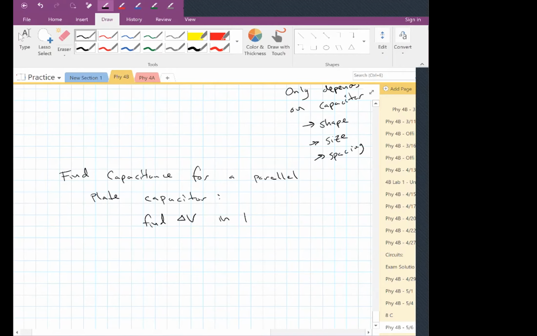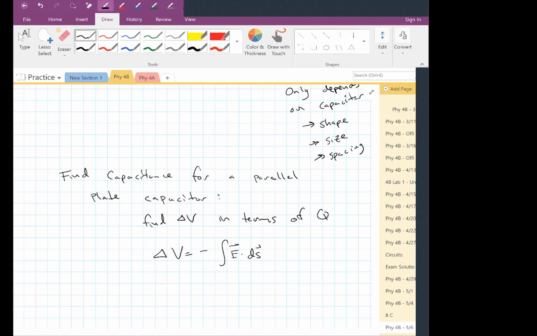So we want to find delta V in terms of Q. Well, what equations do we have? We have this equation. Delta V is negative the integral of E dot ds, right? That should look familiar. And we know that E, for an infinite sheet of charge, right?